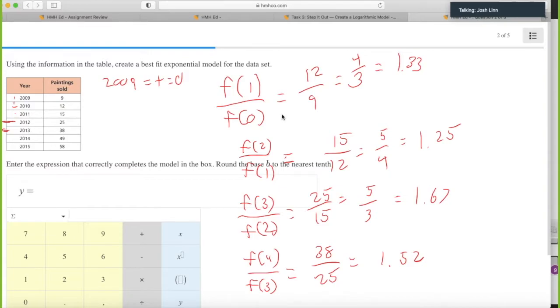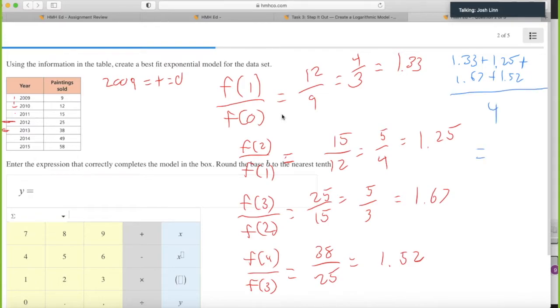So we're going to then take an average of that. I'll do my average in blue, 1.33 plus 1.25 plus 1.67 plus 1.52 all over 4.